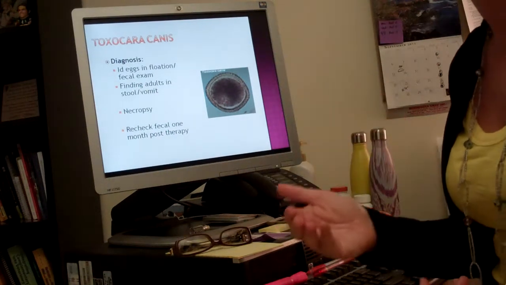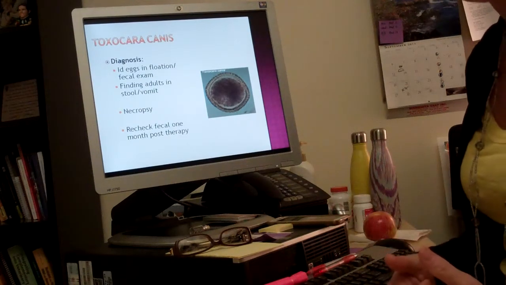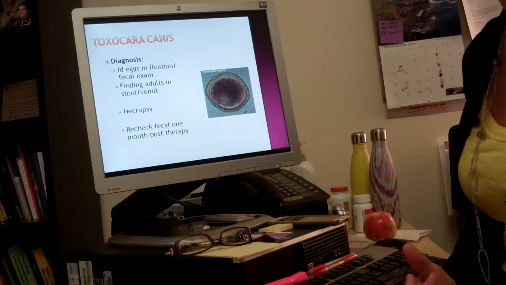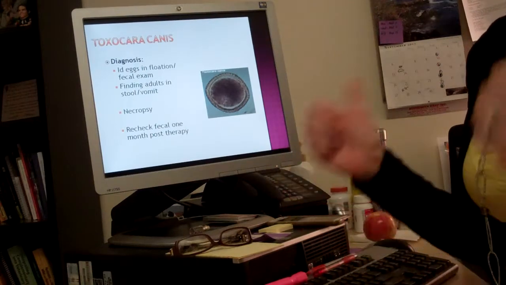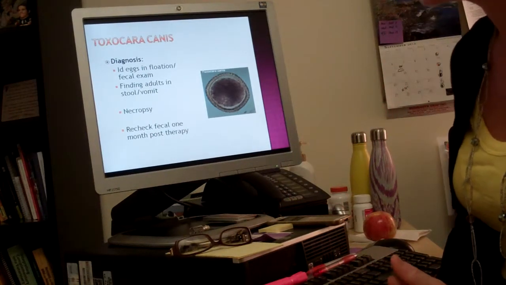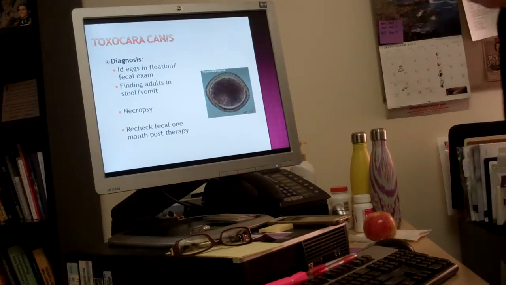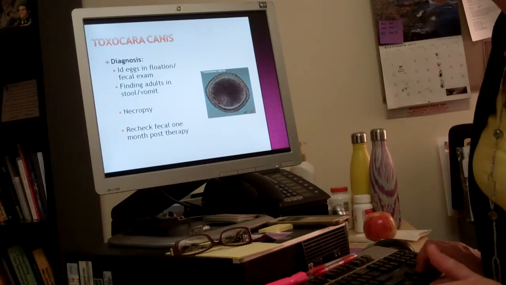We always want to recheck to ensure that the parasite is gone, to ensure that the medications have done what they're supposed to do. Because sometimes medications are not 100%, nothing's perfect, nor the people who administer the medicines, nor are we 100%. Some of these animals are really sneaky and can spit out their pills, underneath the bed.